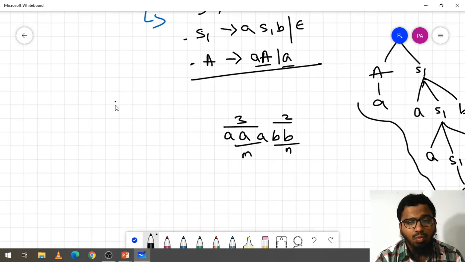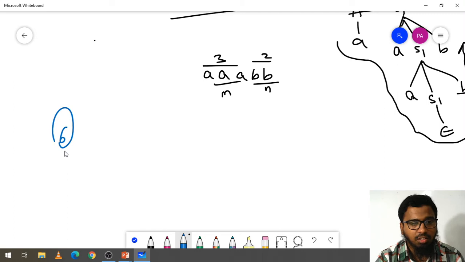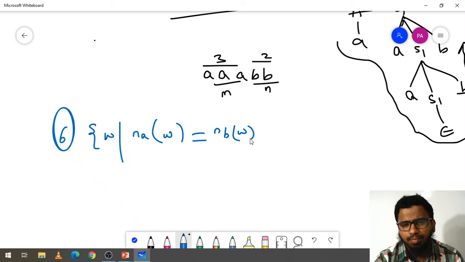Okay, now we will see another example, the sixth one. Here the language is w with n_a(w) equals n_b(w).